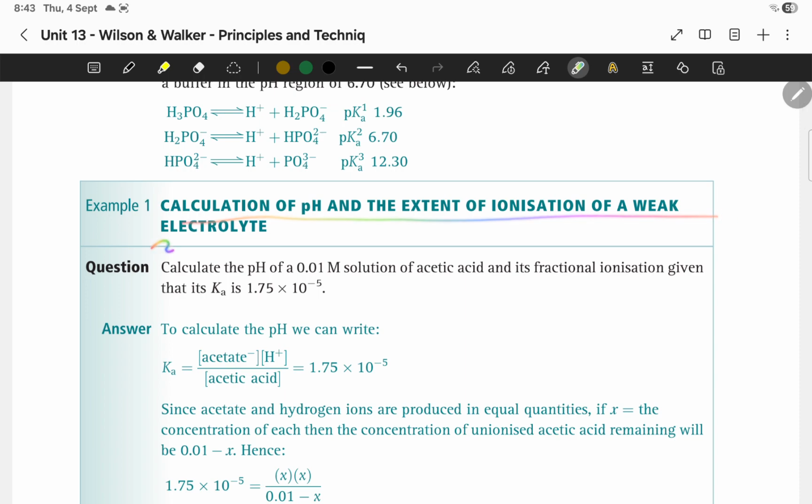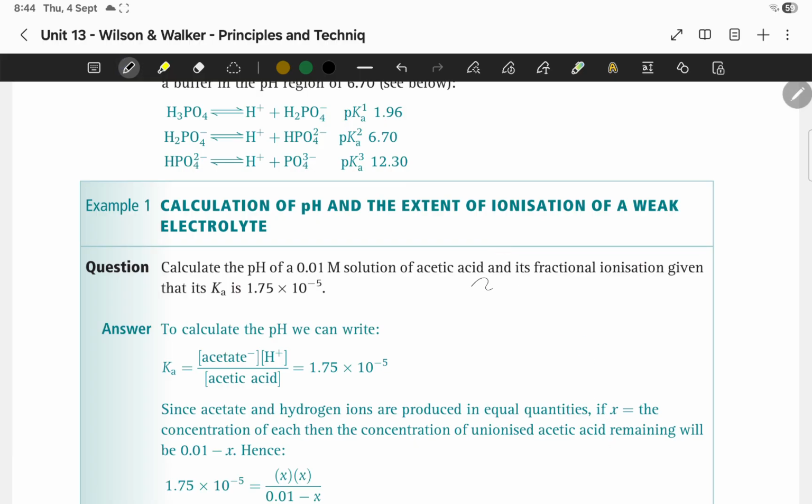Calculation of pH and the extent of ionization of acetic acid. Calculate the pH of a 0.01 molar solution of acetic acid and its fractional ionization, given that its Ka is 1.75 into 10 raised to the power minus 5.